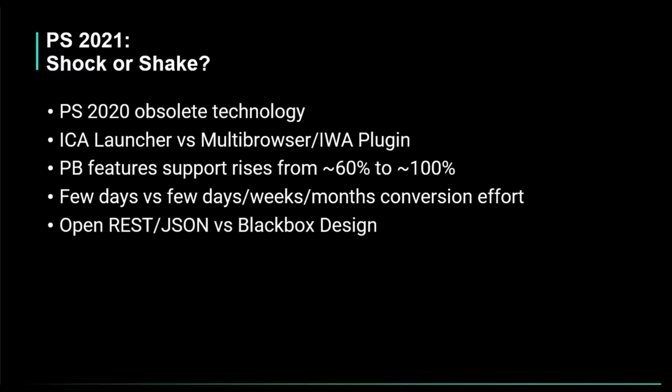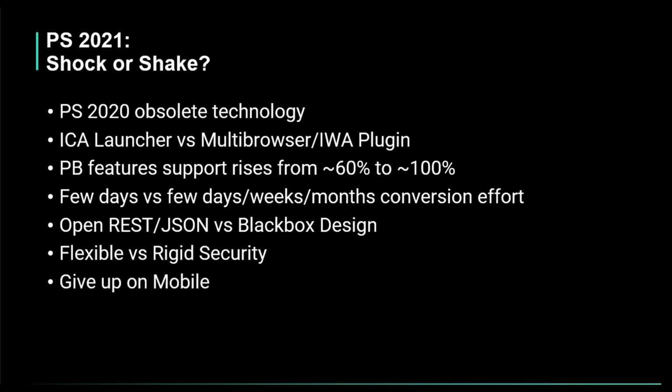The PowerServer framework now has an open REST JSON architecture in place of a black box design. We have discussed how the security model is now flexible and open to emerging standards rather than rigid and limited to few schemas. The last point is what you must give up at the moment to join the boat.